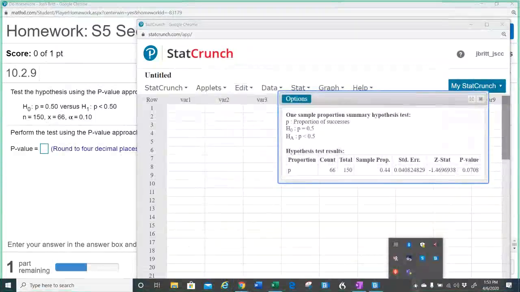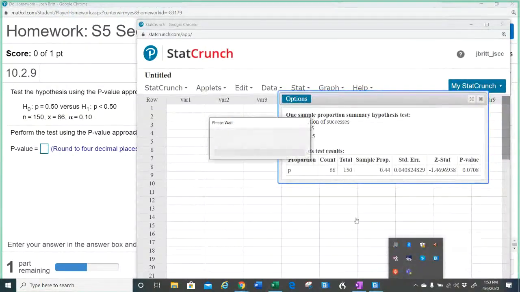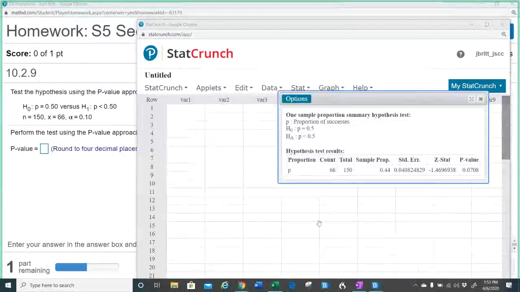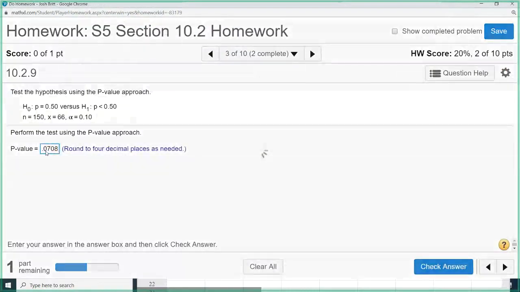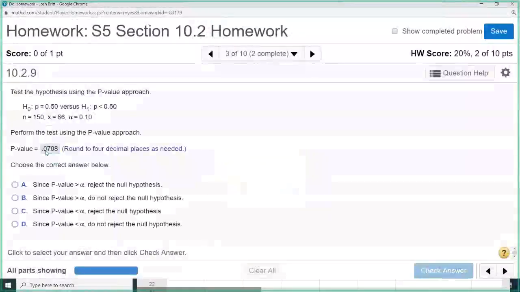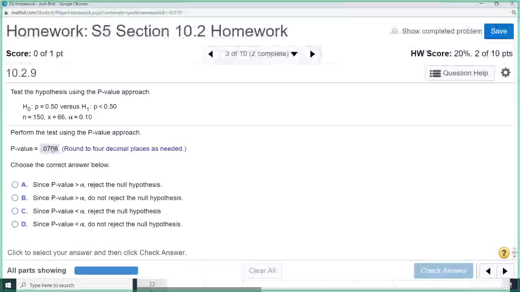And let me turn this off real quick because it's hijacking my keyboard again. All right, so the p-value this time, to 4 decimals, is 0.708. And since the p-value this time we compare, so p-value is less than alpha, so we reject. So p-value less than alpha, reject the null.